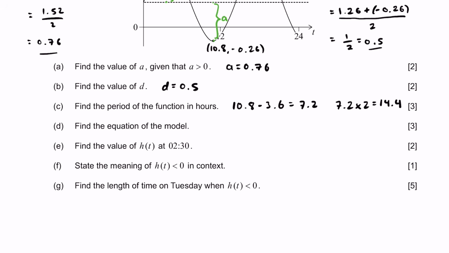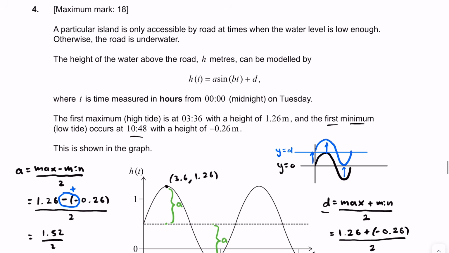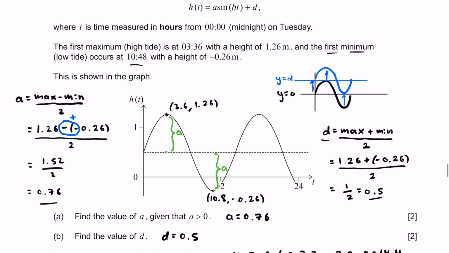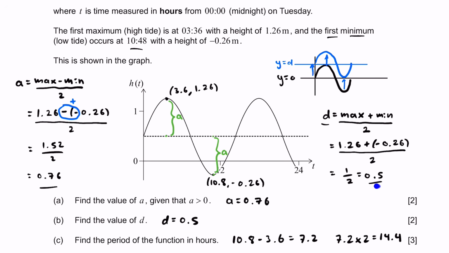In part D, we're asked to find the equation of the model. Okay, so let's first look at the equation once again. Here it is, h of t equals a sine bt plus d. We found a right here, the amplitude, and we found d explicitly right here as 0.5. And they even gave us these parameters.